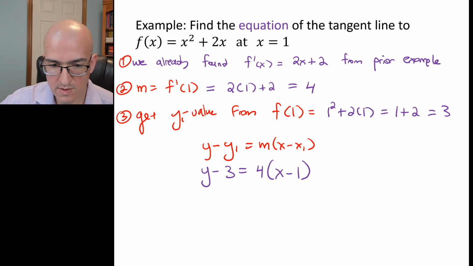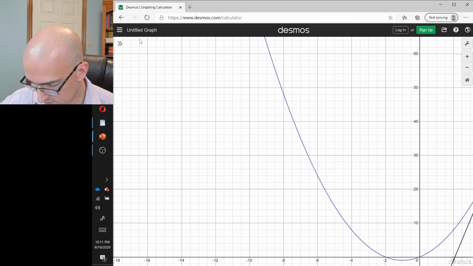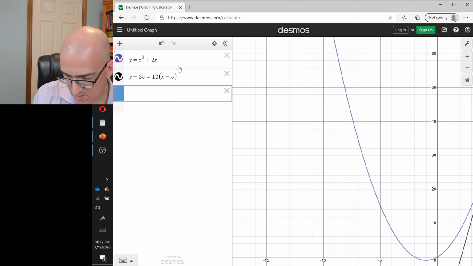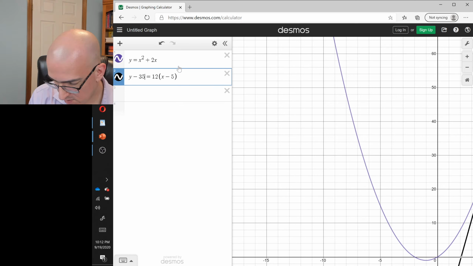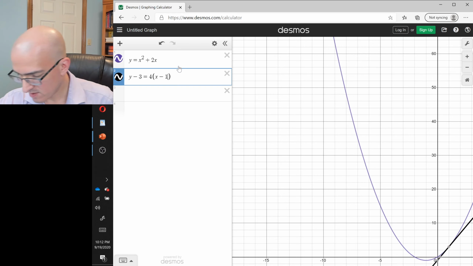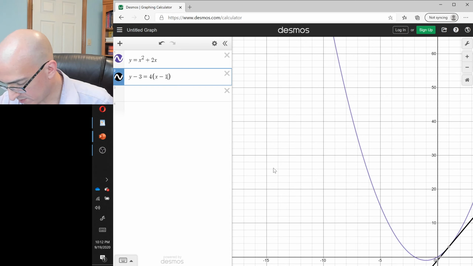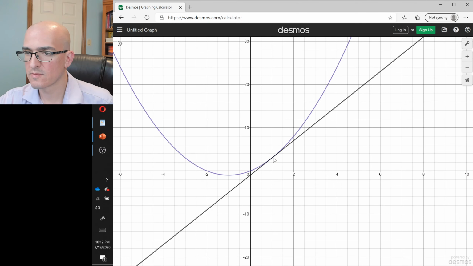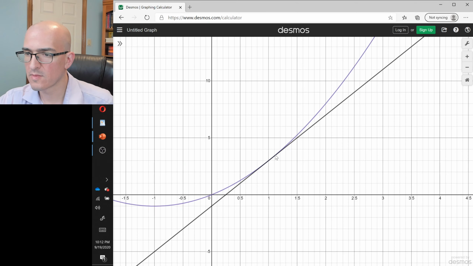Okay. So x squared plus 2x, that part's the same. Now we have y minus 3 equals 4 times x minus 1. And I'll zoom in at that point. Zooming in at 1.